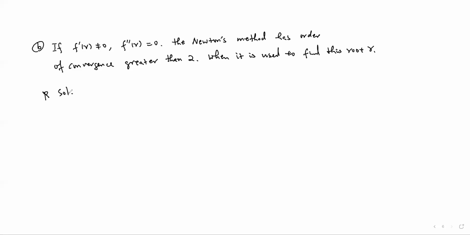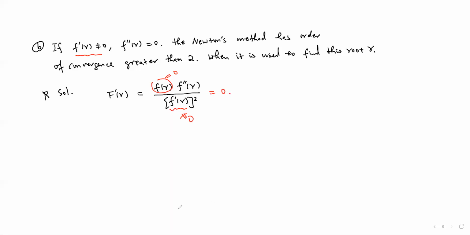From part A, we saw that the derivative of capital F at R is equal to f(R) times the second derivative over the square of the first derivative. But f(R) is 0, R is a root, and the denominator is non-zero by assumption. So the first derivative of F is 0.